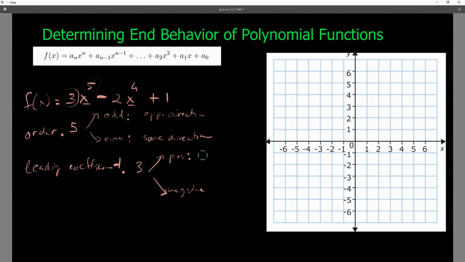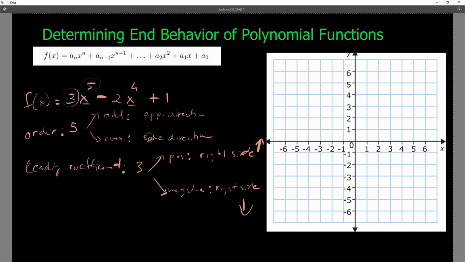Positive means the right side points up. Negative means the right side points down. You should take notes, write it down so you know what to do.